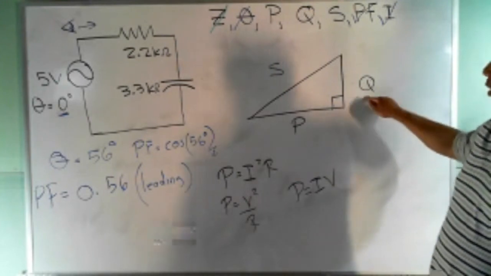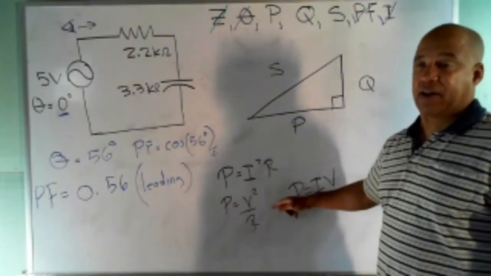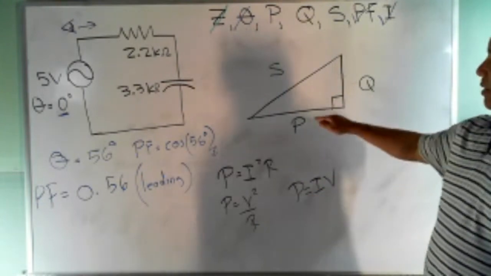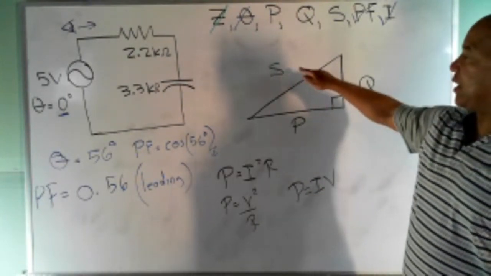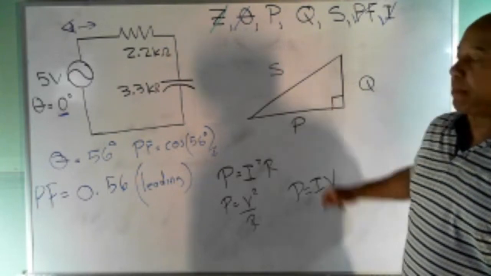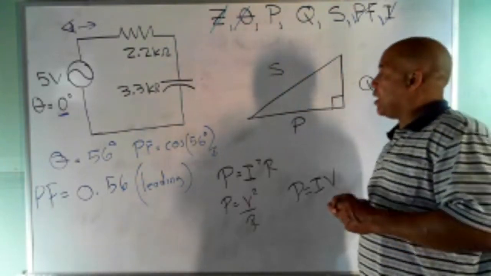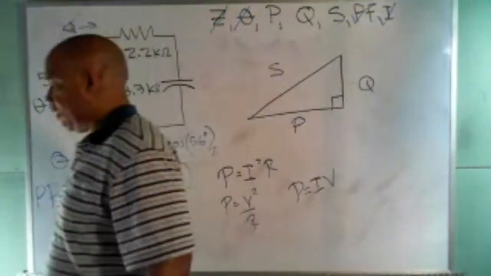Of course, if I'm using reactance instead of R, I have X's there. Use any form of Watt's law to get the two legs, and then use the Pythagorean theorem to get the hypotenuse, which is the apparent power. So go ahead and do that if you didn't already.